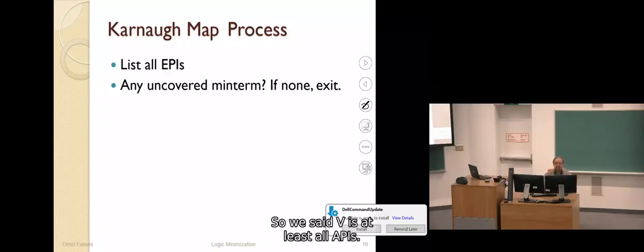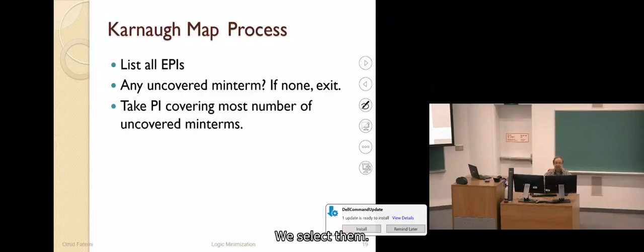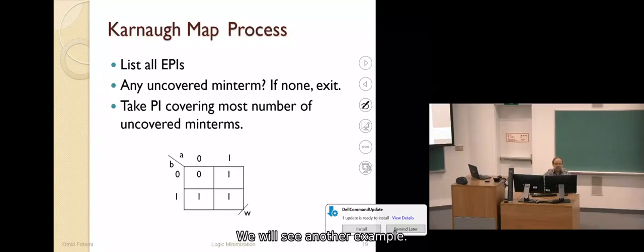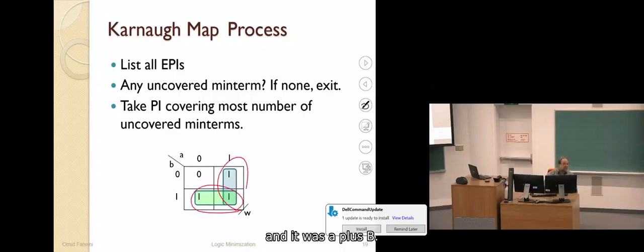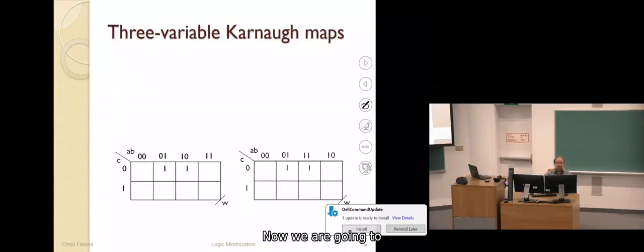So we list all EPIs, we select them, and then if there is any cell remaining, we have to pick another implicant. And if not, that's it. We will see another example. So the 2 implicants were this and that, and it was A plus B.